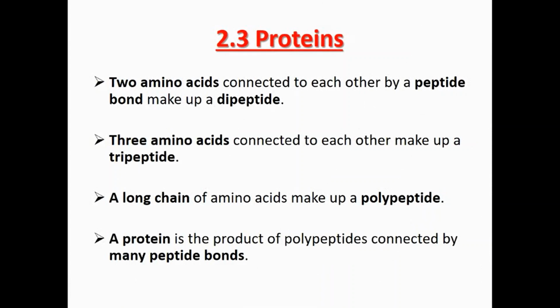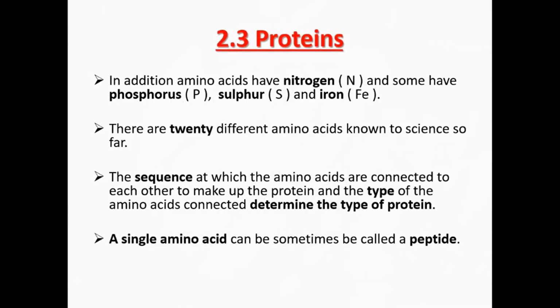And here, the sequence at which the amino acids are connected to each other to make up the protein and the type of the amino acid connected determine the type of protein. A single amino acid can sometimes be called a peptide. Now, this is important here.